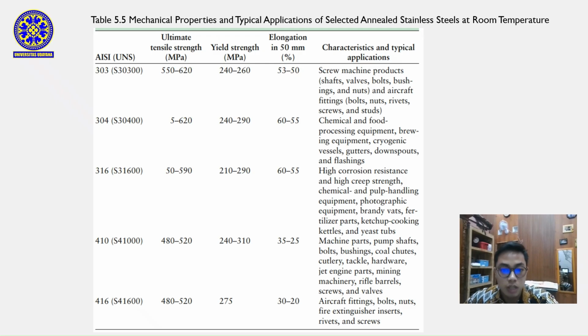Austenitic steels like 304 and 316 offer excellent corrosion resistance and are used in food processing and chemical equipment. Ferritic and martensitic steels are stronger and harder, used for cutlery, turbine parts, and automotive components. Each type is chosen based on the balance between mechanical performance and corrosion protection.